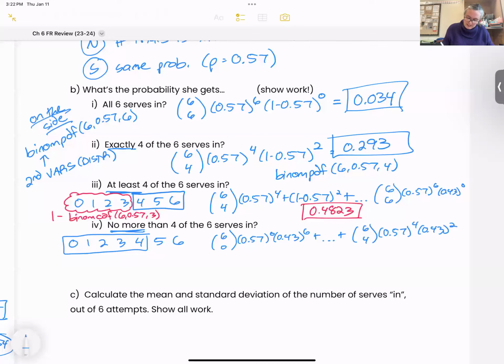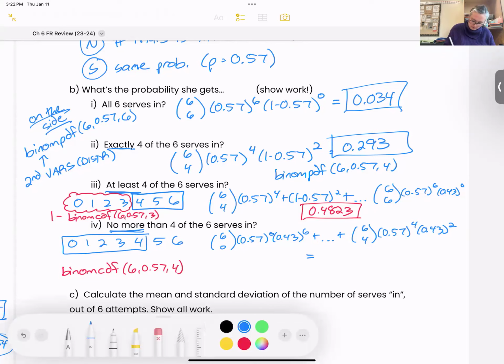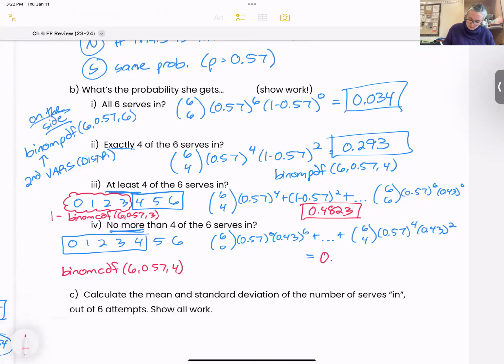So that's showing my work, equals, and then I would go to, on my calculator, binom CDF 6, 0.57, 4. And I get 0.810. Okay.